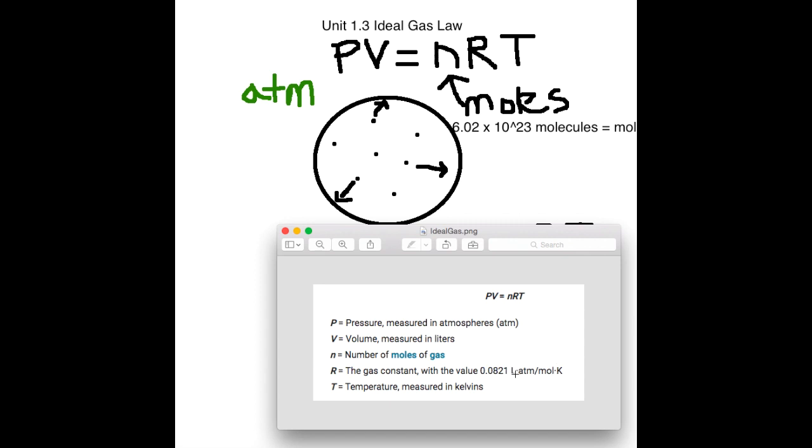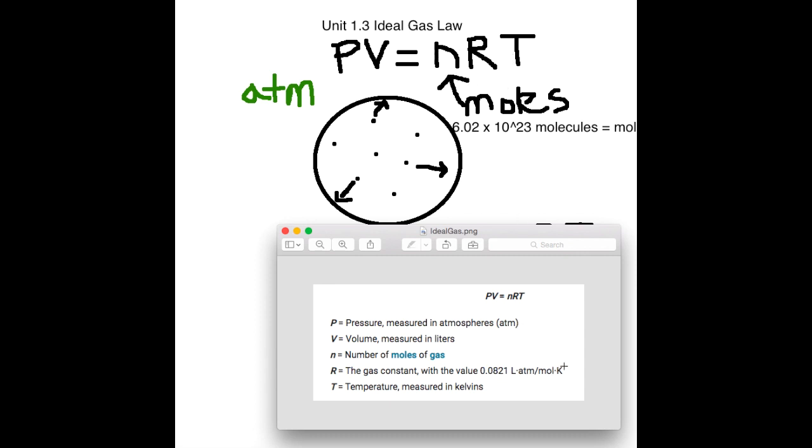And if you'll notice, these units seem kind of crazy, but you can see it's all related to the other units that are in this equation. I challenge you to see what happens to these units when they're multiplied by the other things in the equation.